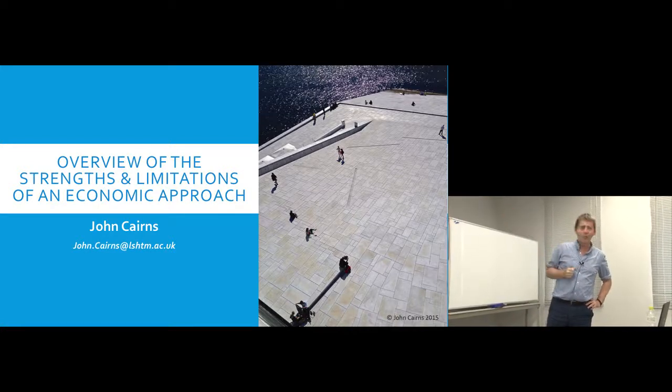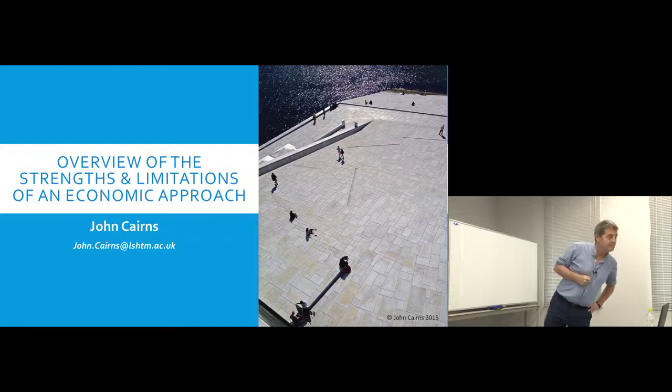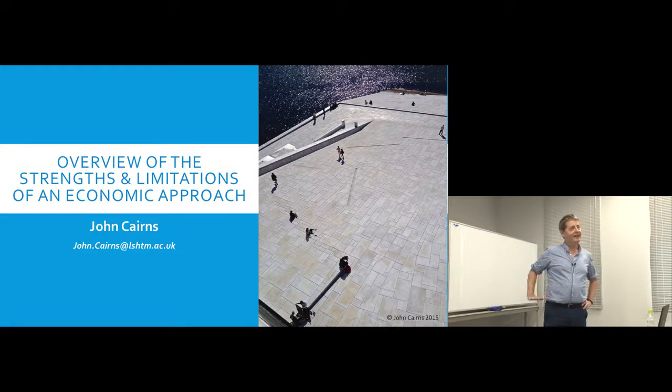Anybody get any idea what that might be a view of, or where it might be? Yeah. It's actually the view you get from the roof of the Oslo Opera House. And the interesting thing about this building, well, it's right by the water, as you can see, it's designed so you can just walk up onto the roof.